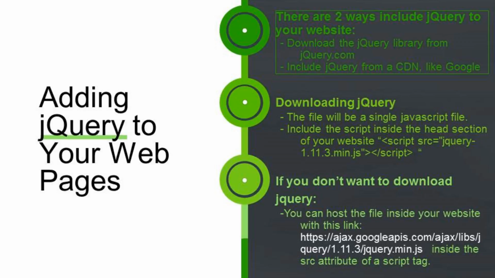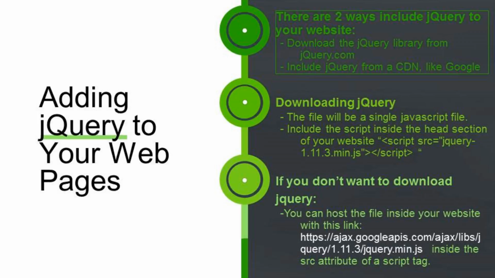We can load it directly from the Google website, which can be an advantage if you're making online web apps. But if you are making a web app where you don't care about accessing the web, you can just download the jQuery library and use it as an offline tool.